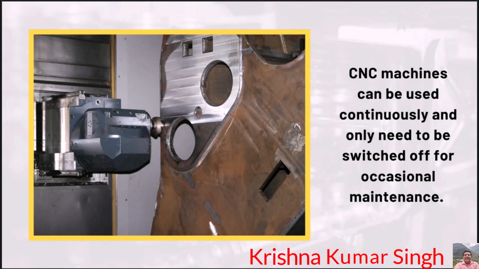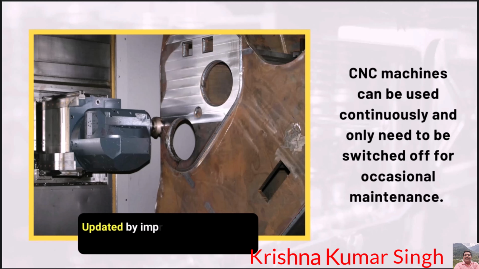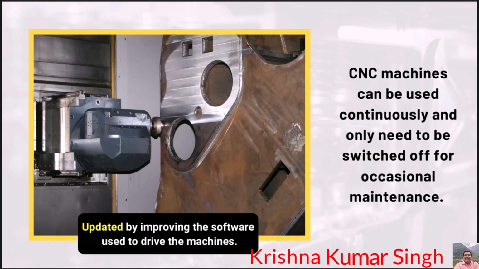CNC machines can be used continuously and only need to be switched off for occasional maintenance. These machines require less skilled people to operate, unlike manual lathe or milling machines. CNC machines can be updated by improving the software used to drive the machines.